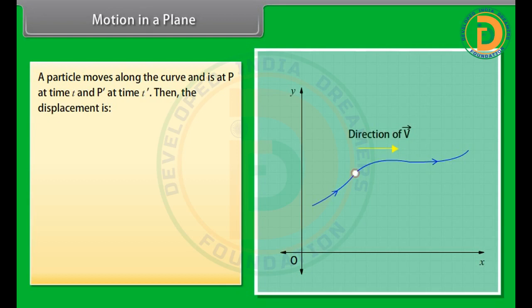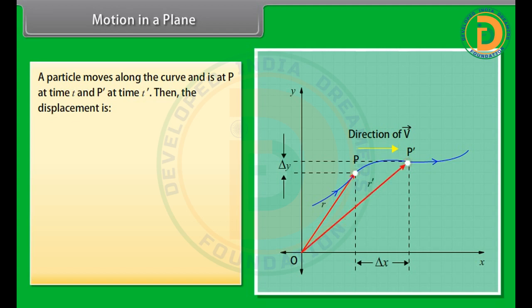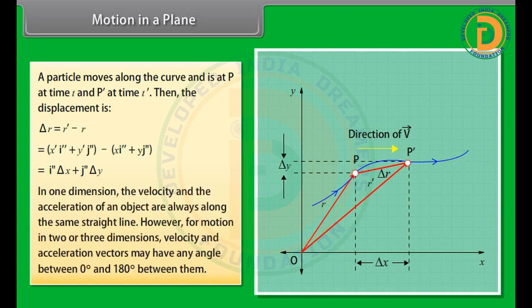A particle moves along the curve and is at P at time t and P dash at time t dash. Then the displacement is delta R is equal to R dash minus R. By putting values, we get delta R is equal to i-hat delta x plus j-hat delta y.